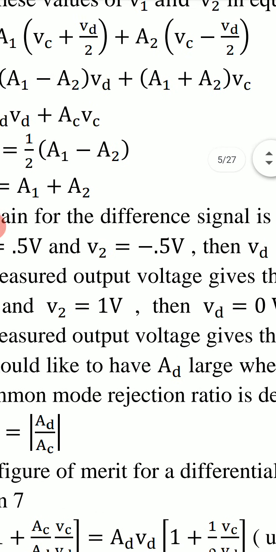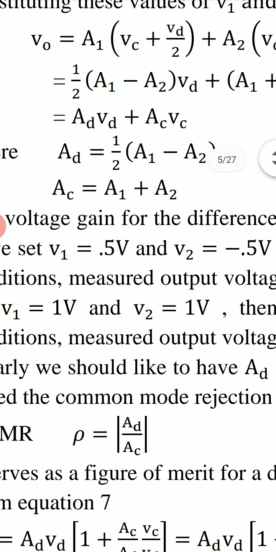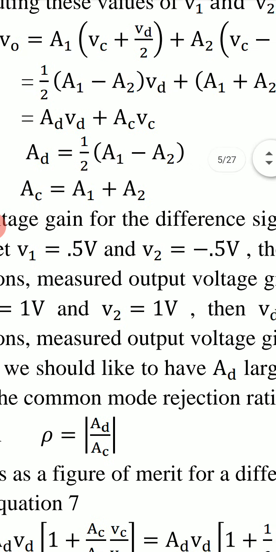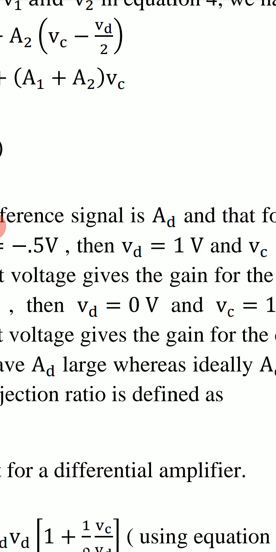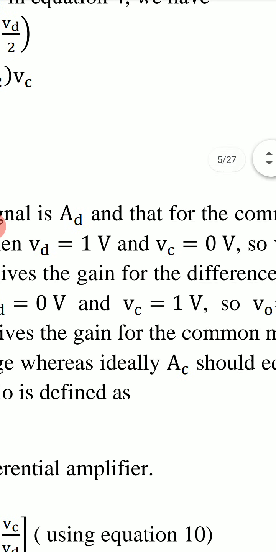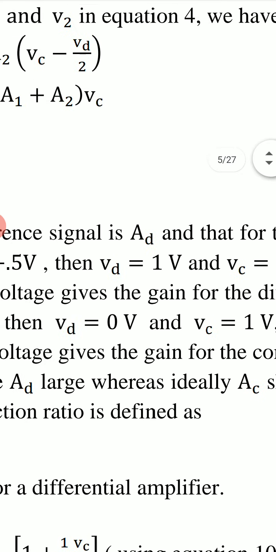So if we choose two input signals V1 and V2 as equal to 0.5 volt and minus 0.5 volt, then difference signal Vd becomes equal to 1 volt and common mode signal Vc becomes 0 volt.